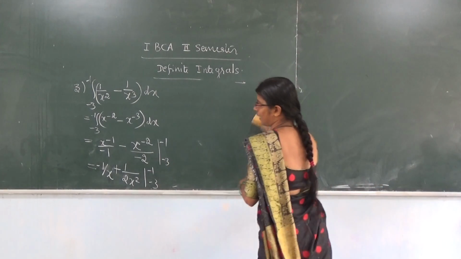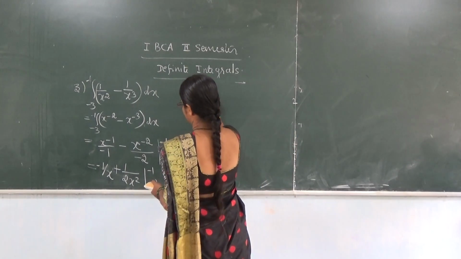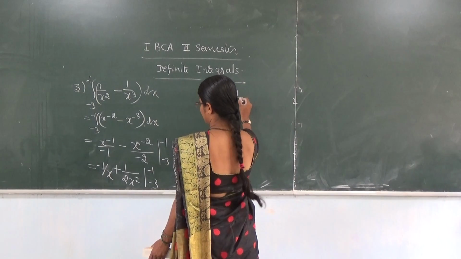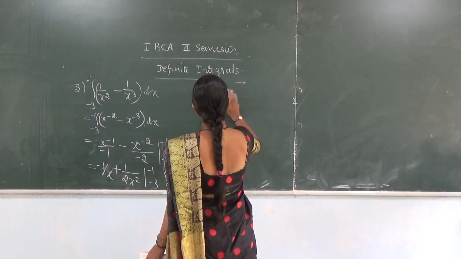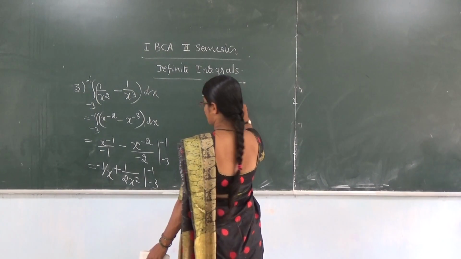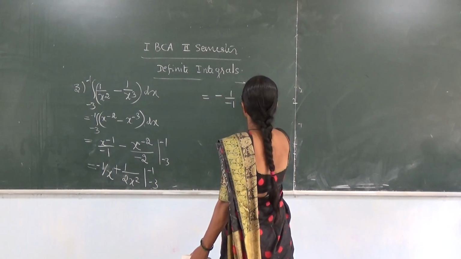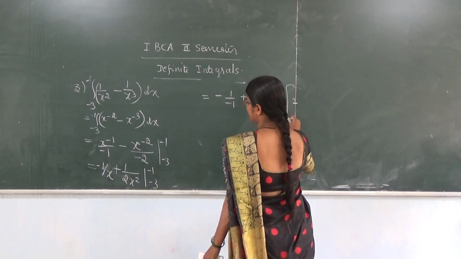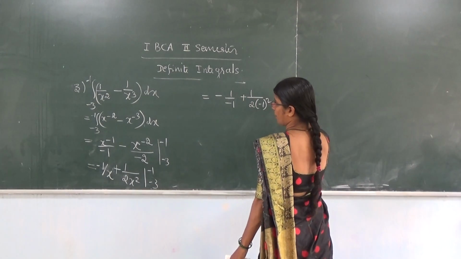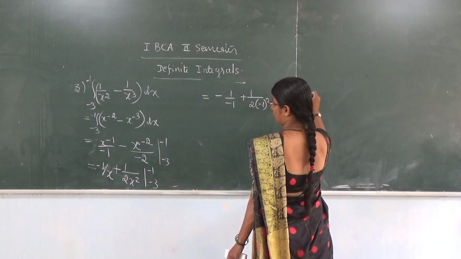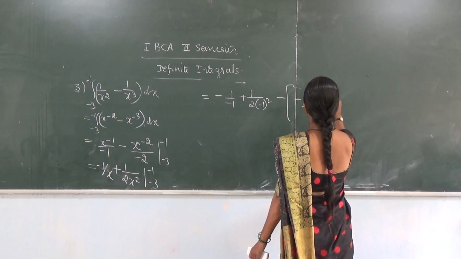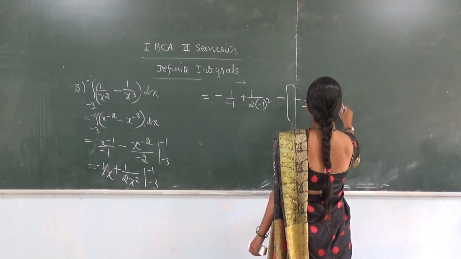Apply the limits. So that is minus 1 by minus 1 plus 1 by 2 into minus 1 square, then minus, 1 by minus 3 plus 1 by 2 into minus 3 square.